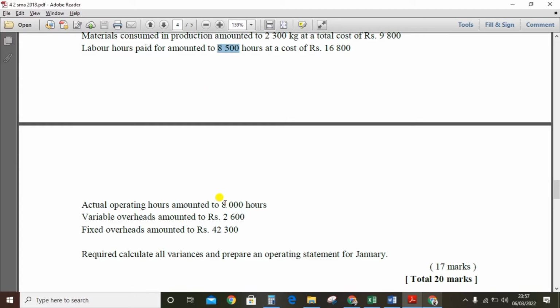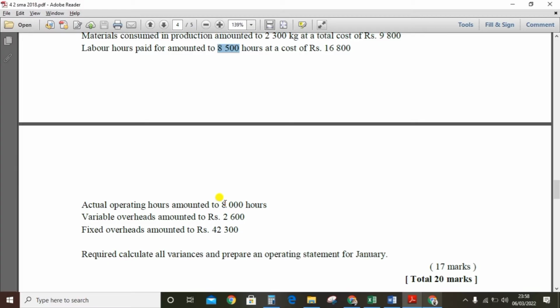So there is a difference between actual operating hours, 8,000, and actual paid hours, 8,500. So there are 500 hours of idle time. What is the meaning of idle time? In every production organization or any organization, the employees work for 8 hours. For example, in one day, if they are working 8 hours, they are not working those 8 hours fully focused on production.